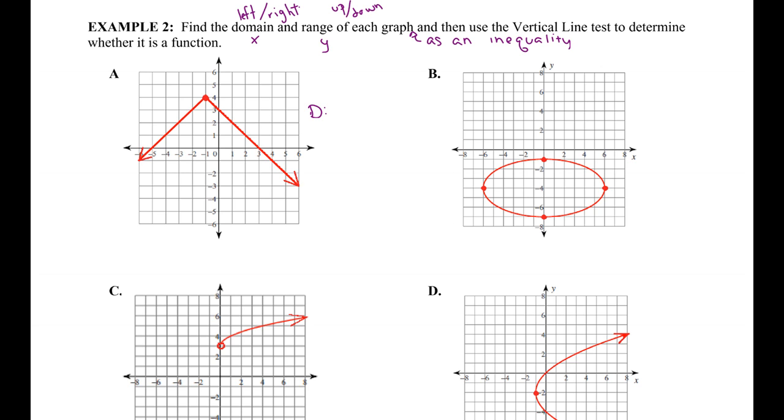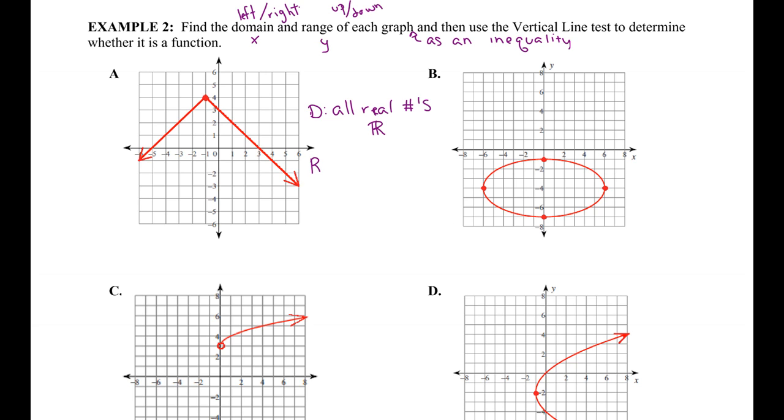If I look at my graph, I can see it continues on to the left because of the arrow. It also continues all the way to the right because of the arrow on the right, which means that my domain is going to consist of all real numbers. And you can either write out all real numbers or you can use the symbol for all real numbers, which is the R you see below.